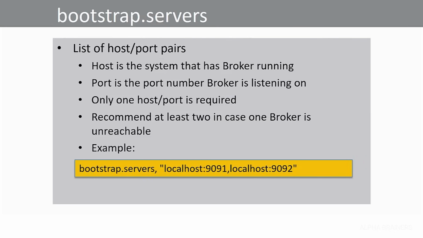So an example of what this might look like if you were talking about a Java program is you would specify bootstrap-servers and then a combination of those hosts and ports separated by a colon between the host and the port and a comma between each set of host-port combinations.